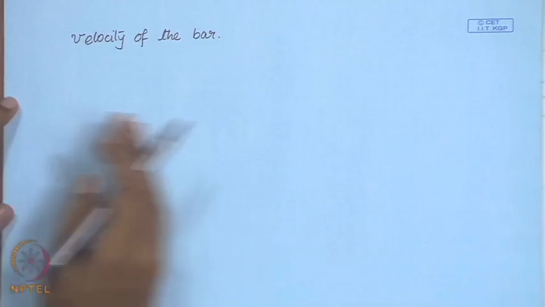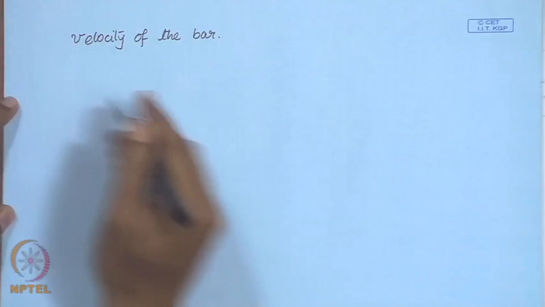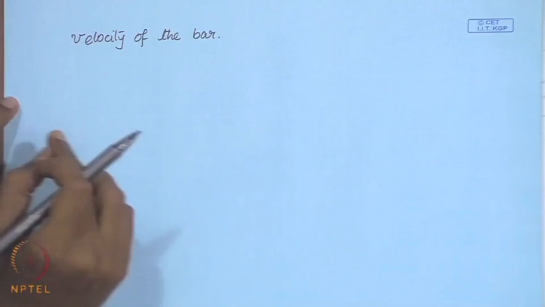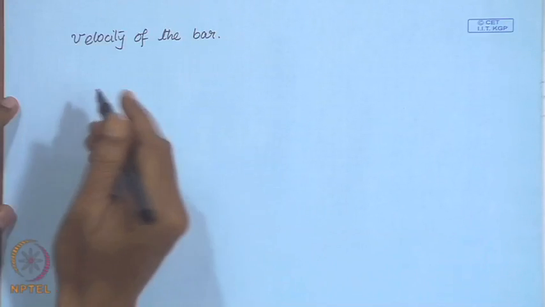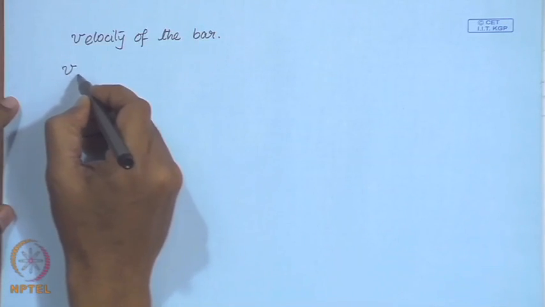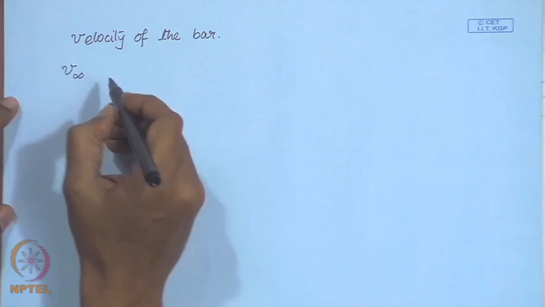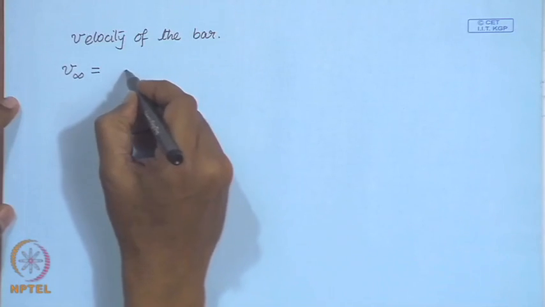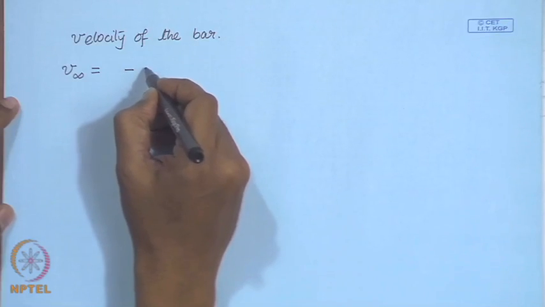So, using these recursion relations, we can write down the velocity of the bar as time progresses and it reaches steady state, because ultimately this bar under a constant force f naught is going to reach a steady state. Let us denote this steady state velocity as v infinity.